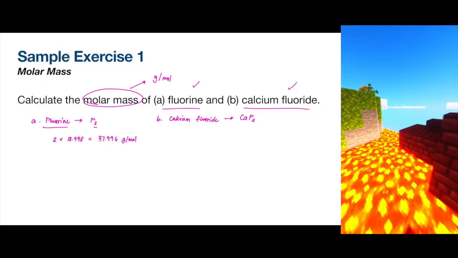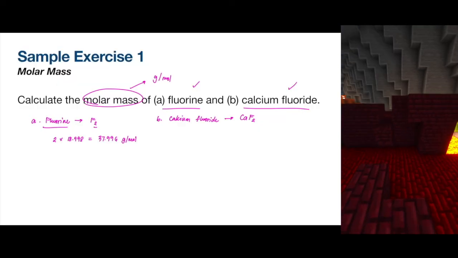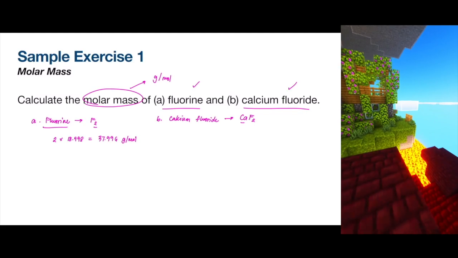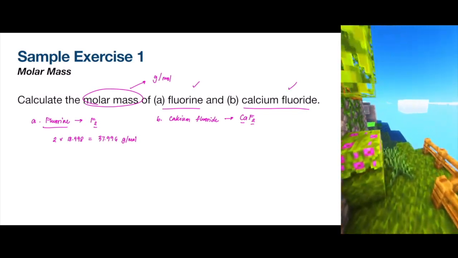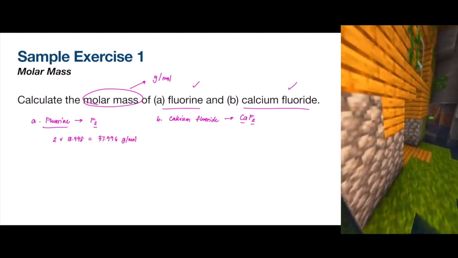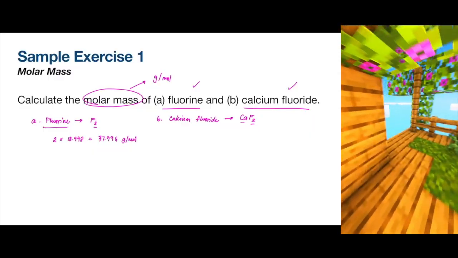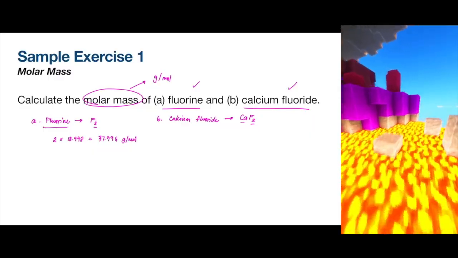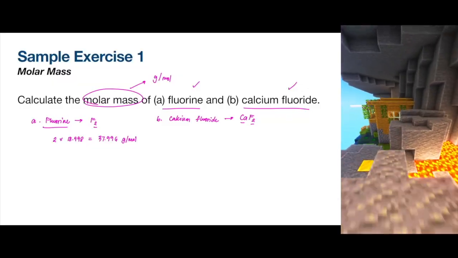On the other hand, as we can see here in calcium fluoride, there is 1 calcium atom and 2 fluorine atoms. The first step is to calculate the mass of each element in the chemical formula.